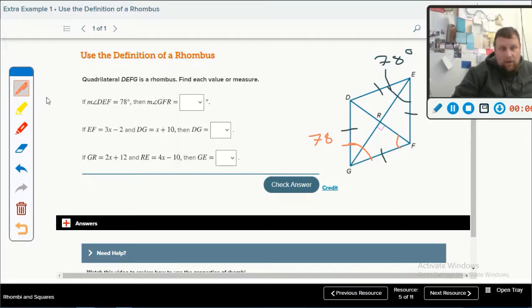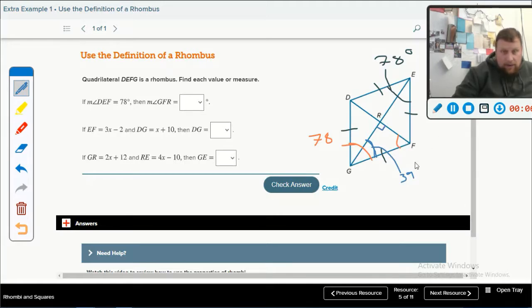And furthermore, I know that half this angle is half of 78, which is 39. That makes it 39 degrees. So now here's what I know. If this is 90, and this angle is 39 degrees, add those together and subtract from 180 to get our leftover angle.